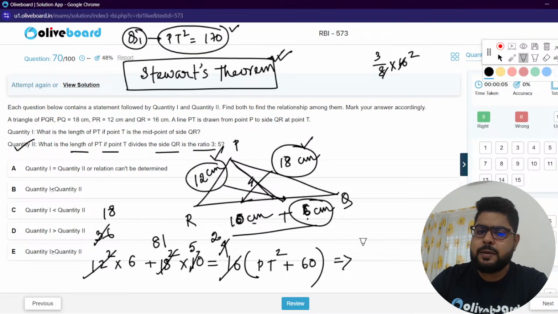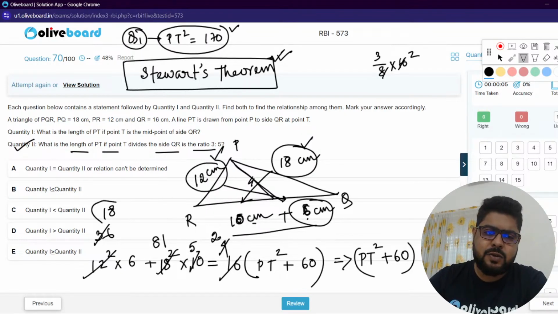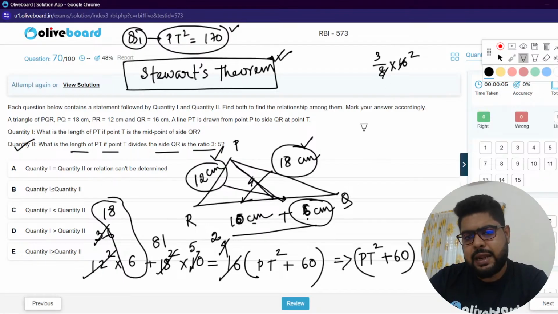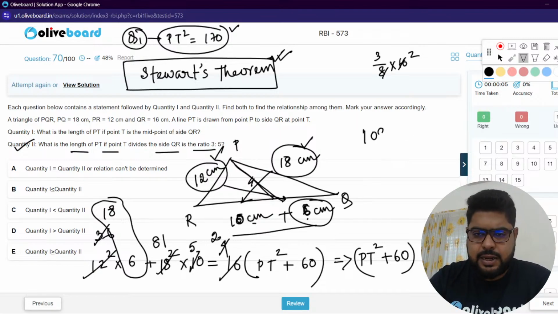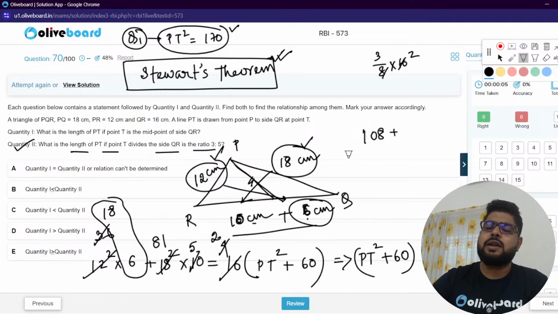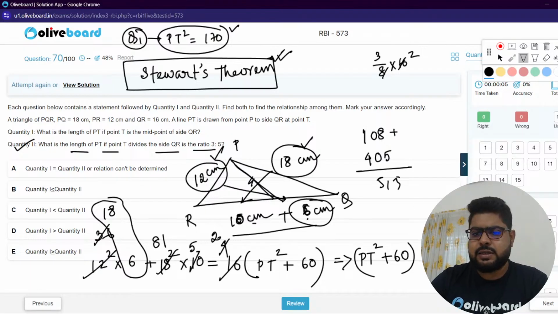So PT square plus 60 into 2 will be equal to 18 into 6, that is 108, plus 81 into 5, meaning 405. So 513. From there PT square will become 513 by 2. Let's take 512, 256, minus this 196.